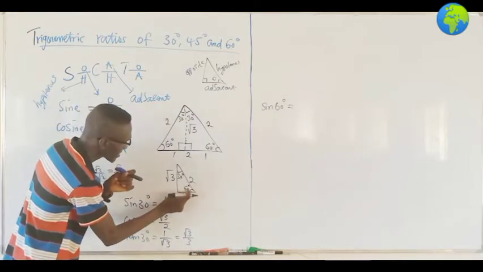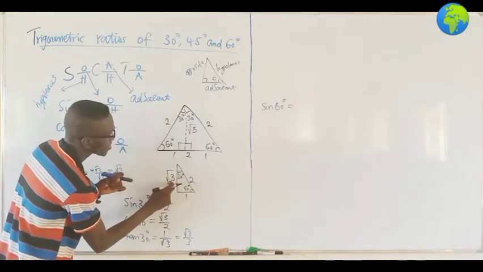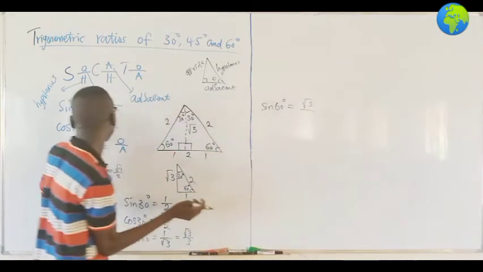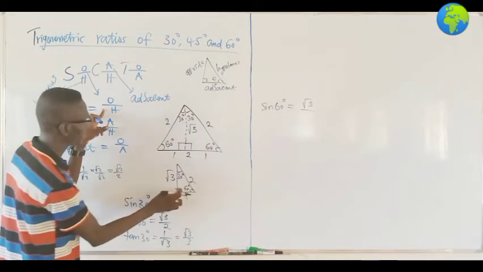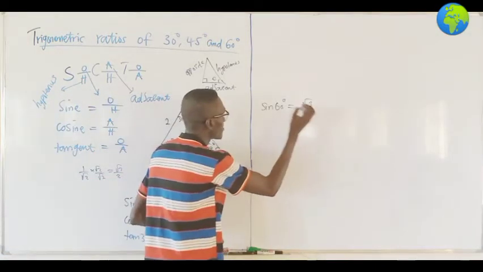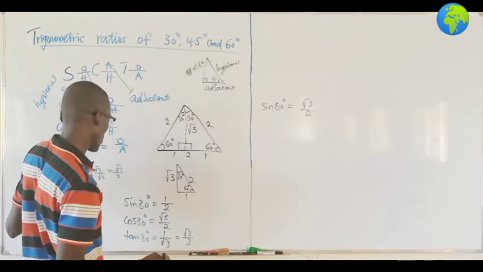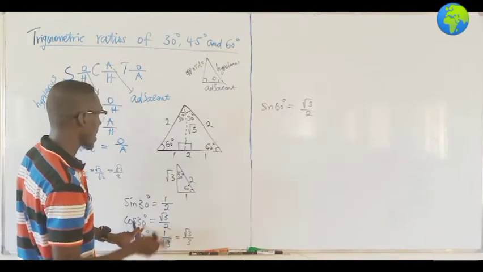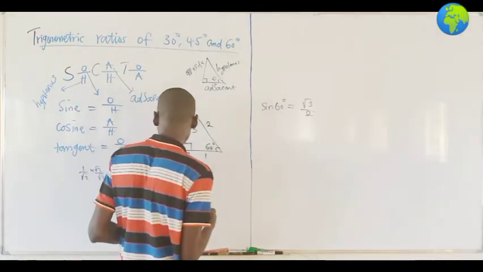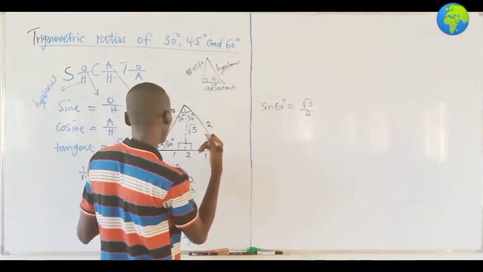The opposite of 60 is square root of 3, over the hypotenuse, which is still 2, so square root of 3 over 2. That means cos 30 and sine 60 are the same thing. You can try that on your calculator and check if it's true.